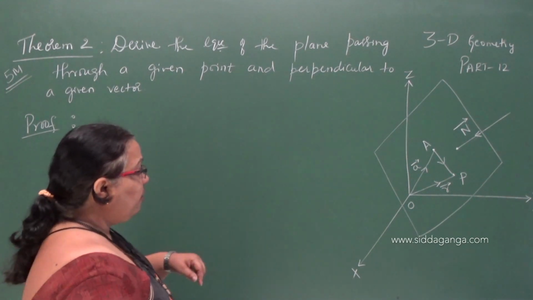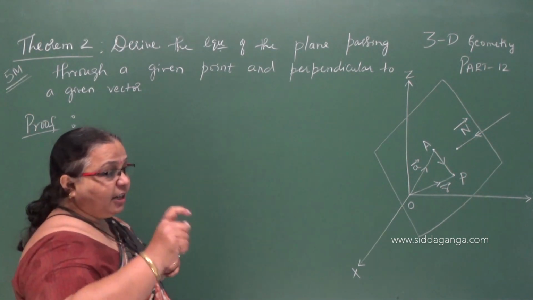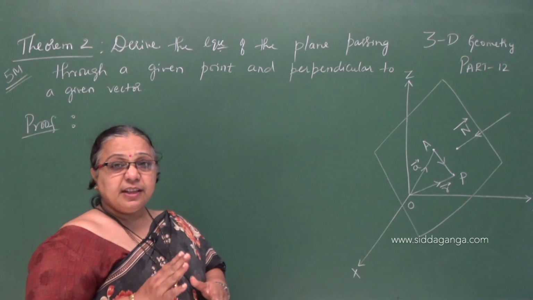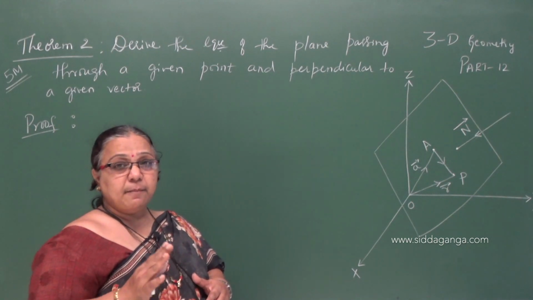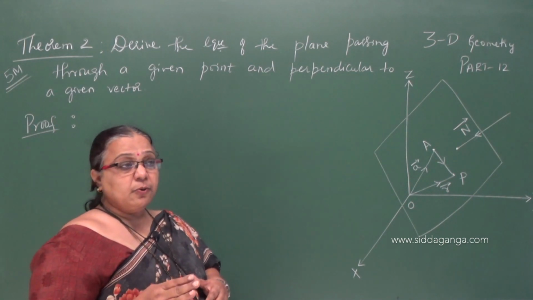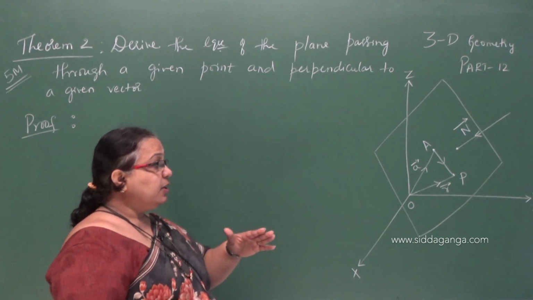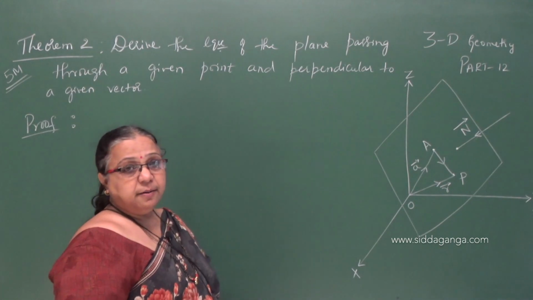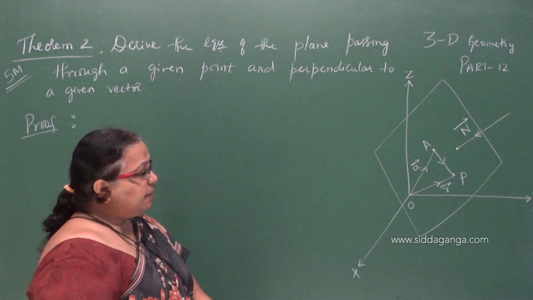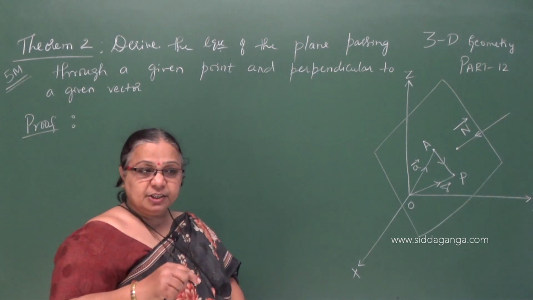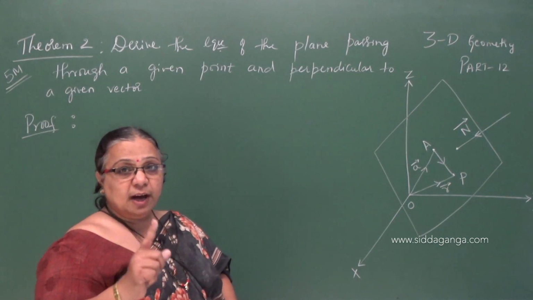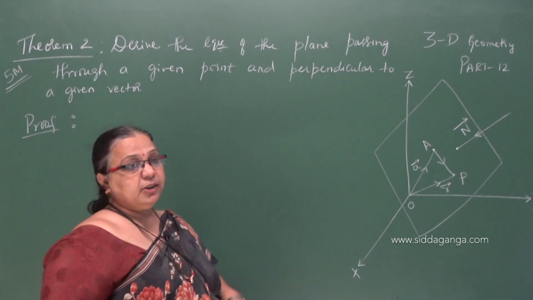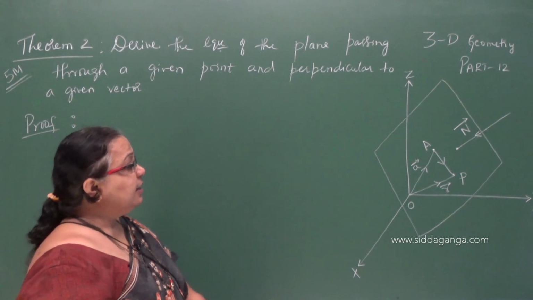In a space there are infinite number of planes which are perpendicular to the normal, that is perpendicular to vector n. But a plane passing through a point, we get only one plane, a unique plane, and again it will be perpendicular to the vector n.